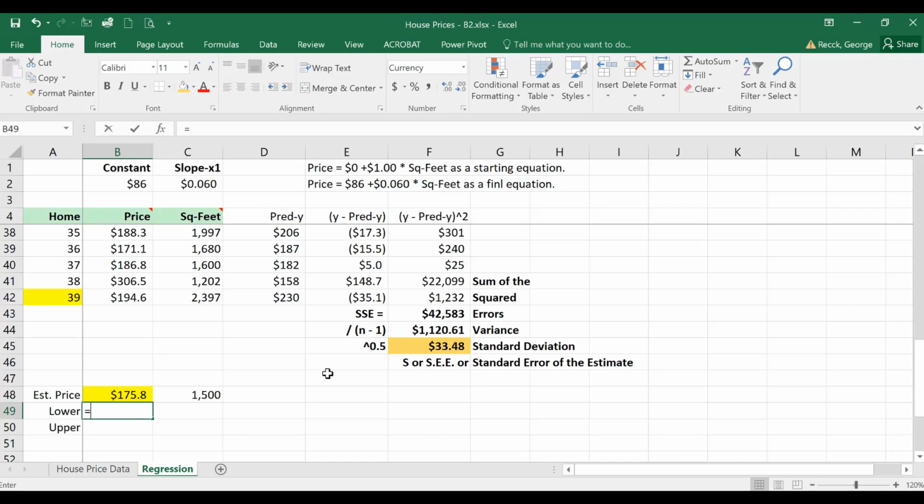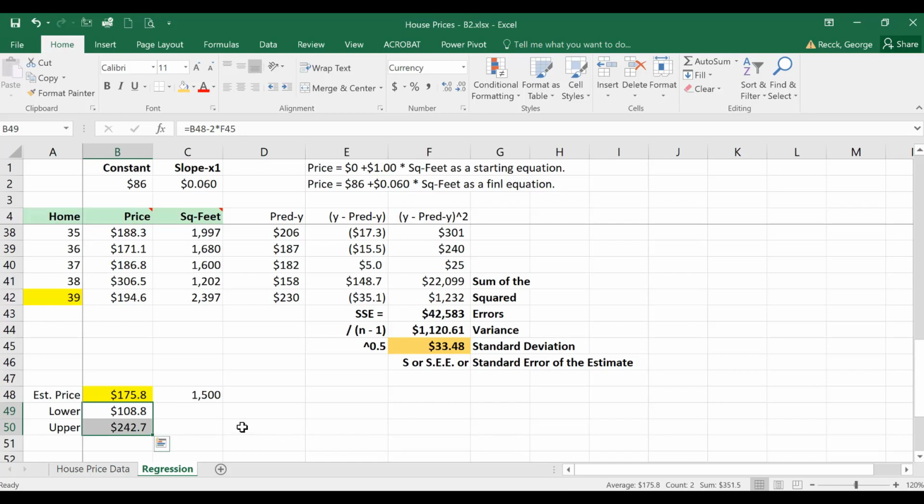So if you recall, we took our point estimate, which is 175,800, and we're going to first subtract out 2 times the standard error of the estimate, and then we're going to do the same thing, except we're going to add 2 times the standard error of the estimate, and we'll add a decimal here. And so that means, since we added plus or minus 2, we're going to be looking for something in the 95%.